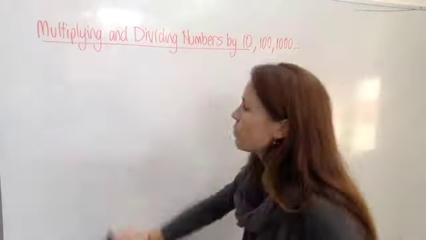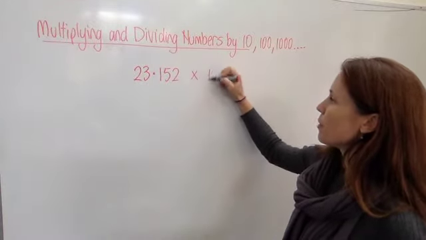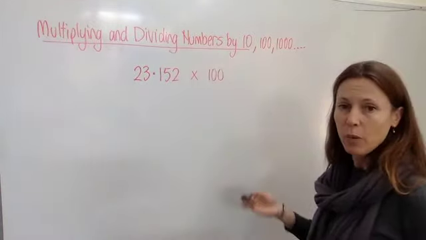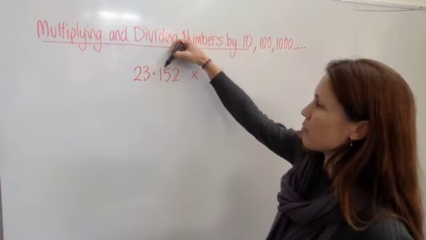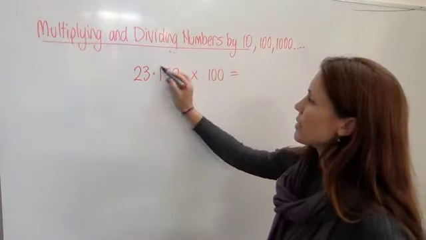So to look at a couple of quick examples, if we take a number like 23.152 and we want to multiply it by 100, we're making it bigger, so we want to move the decimal this way to make the number much larger. We move it 2 places to the right and we get 2315.2.